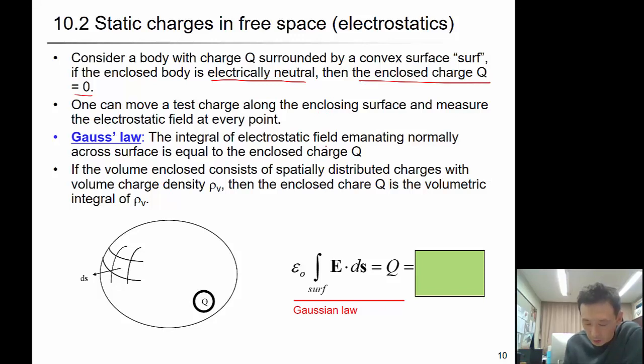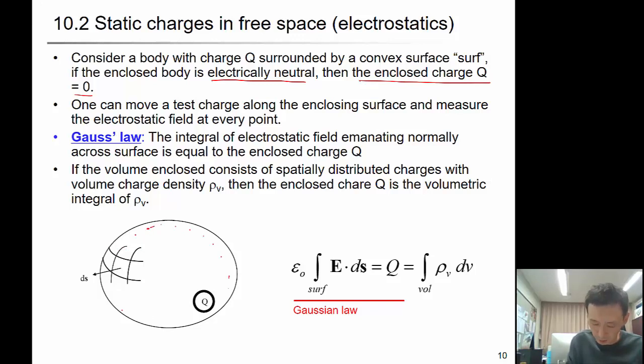The integral of the electrostatic field emanating normally across the surface is equal to the enclosed charge Q. If the volume enclosed consists of spatially distributed charges with volumetric charge density rho v, then the enclosed charge Q is the volumetric integral of rho v. So in the Gaussian law, Q is the volumetric integral of rho v, and that equals the surface integration of the field all over the surface of the volume.